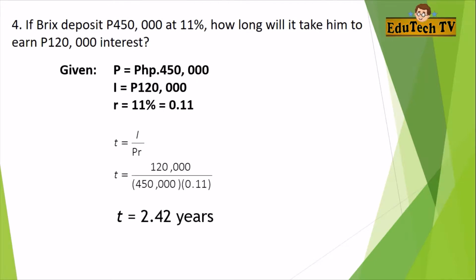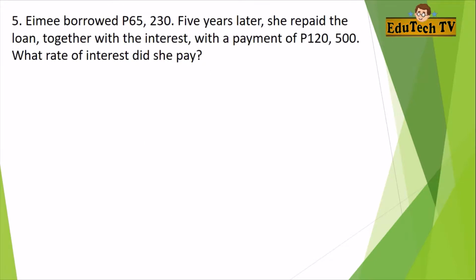Now let's have example number 5. Amy borrowed 65,230 pesos. 5 years later, she repaid the loan together with the interest with a payment of 120,500. What rate of interest did she pay? Now for the given, of course, this amount is the principal amount because this was the original amount borrowed by Amy.